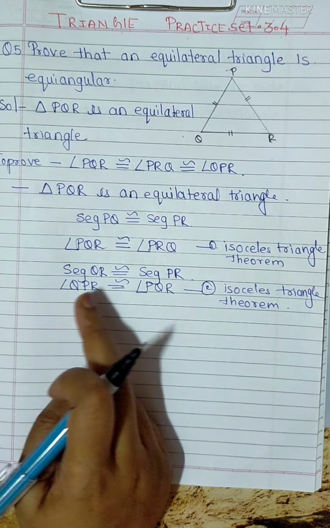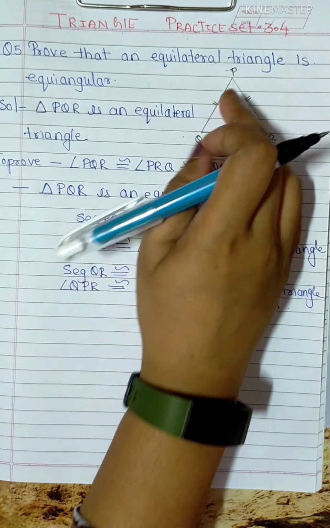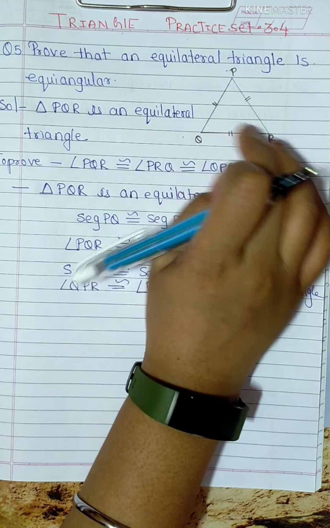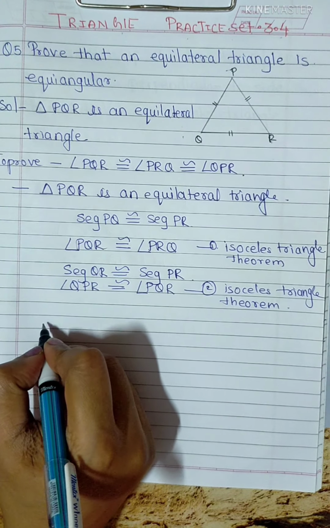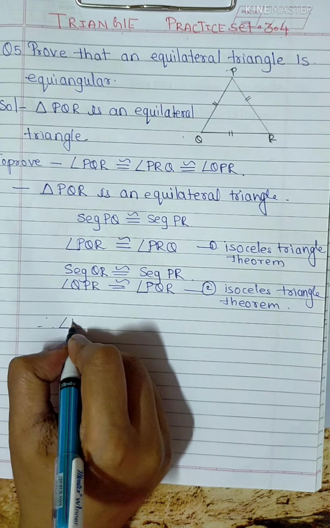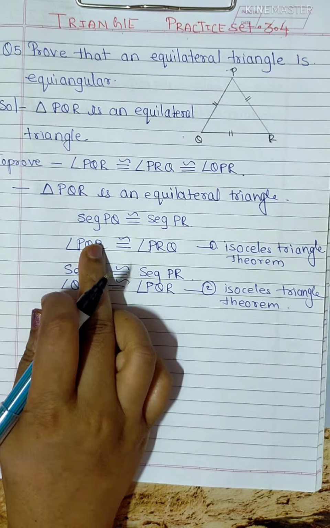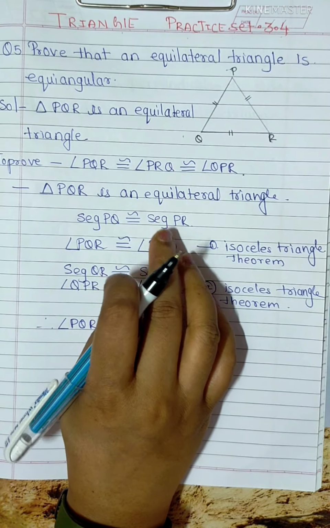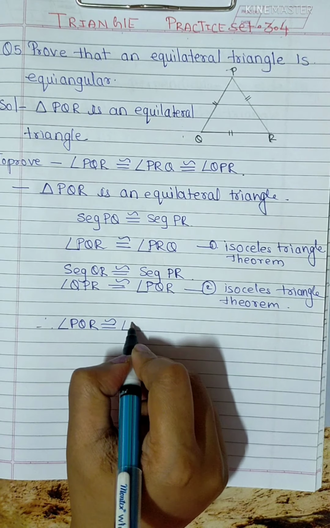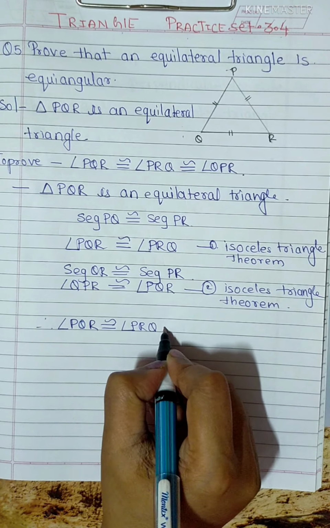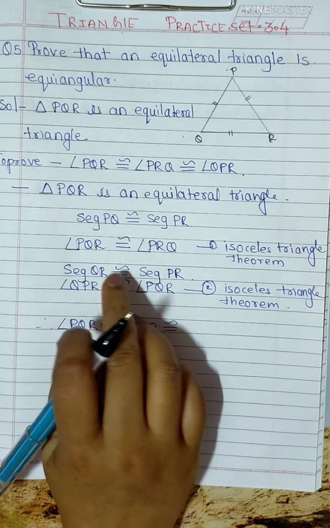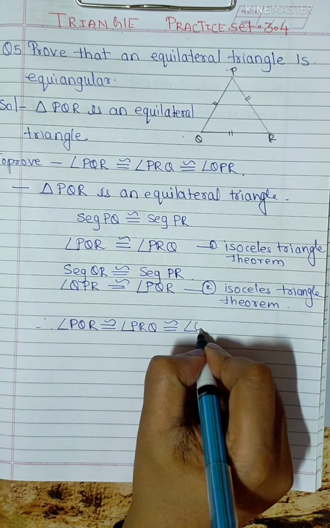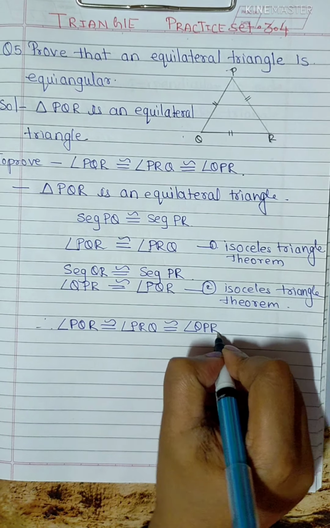So we have proved that these two are congruent. Angle QPR is congruent to angle PQR. So therefore angle PQR is congruent to angle PRQ, and PRQ is congruent to QPR.